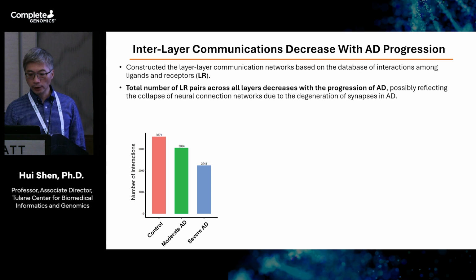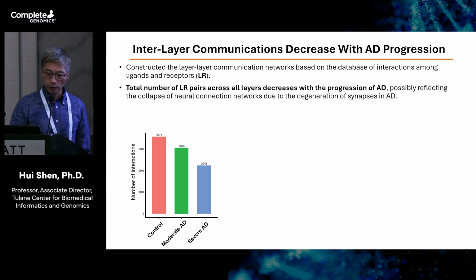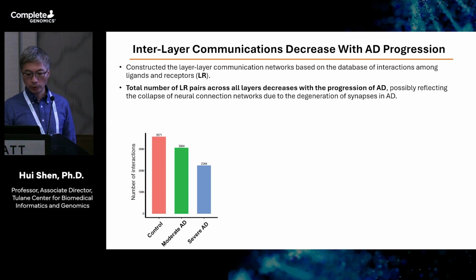To do this, we constructed a layer-to-layer communication network based on a database of interactions among ligands and receptors. This plot shows the total number of interactions we identified between the different groups. You can see that with the progression of AD, there is generally a decrease in the total number of ligand and receptor interactions across different layers.